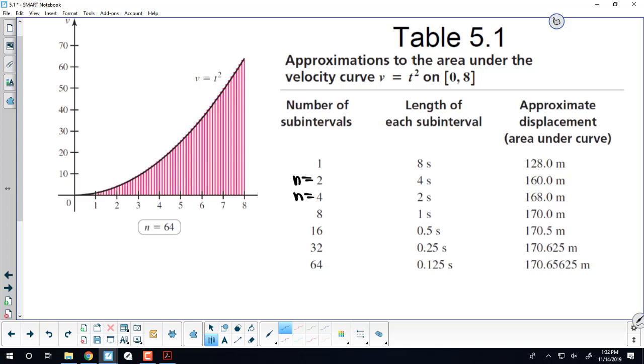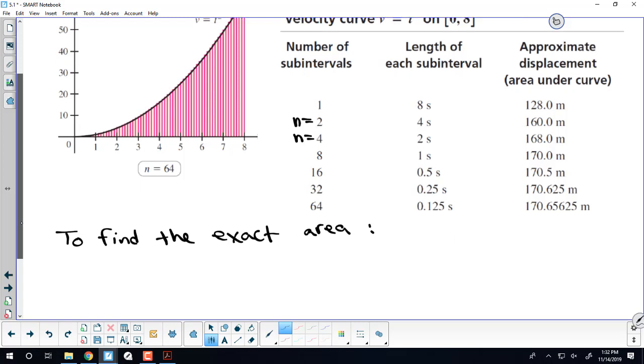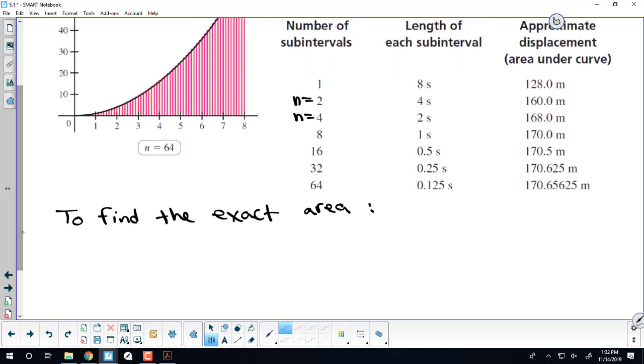So ultimately, to find an exact area, we're going to let the number of rectangles we put in that region go to infinity.